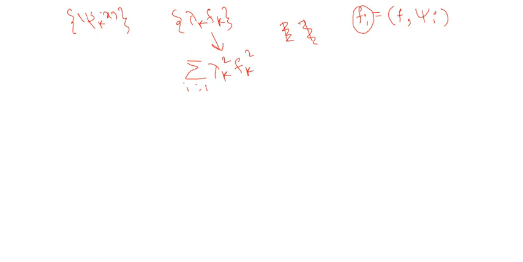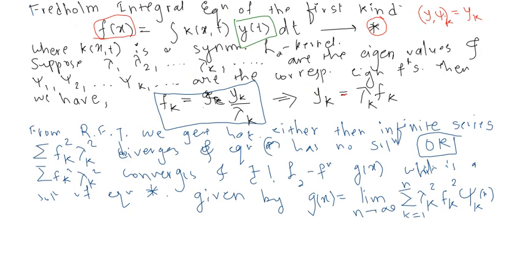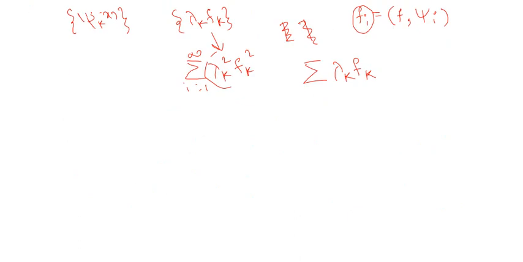So Riesz-Fischer theorem says that if suppose this series is convergent, then this series is convergent, that is, whatever these constants are, it will be lambda k fk into xi k.